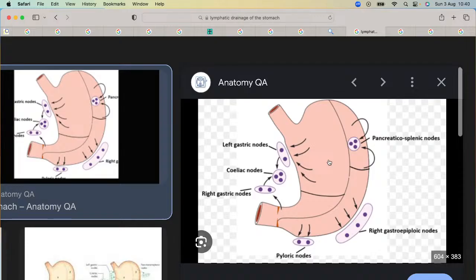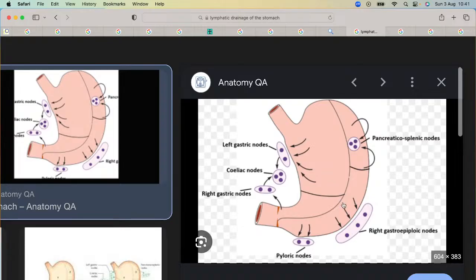If you take area 1, all you need to say is that the lymph drainage for area 1 goes to the right and the left gastric vessels, essentially the vessels that supply the lesser curvature of the stomach. And from there, all the lymph will be directed to the aortic nodes.